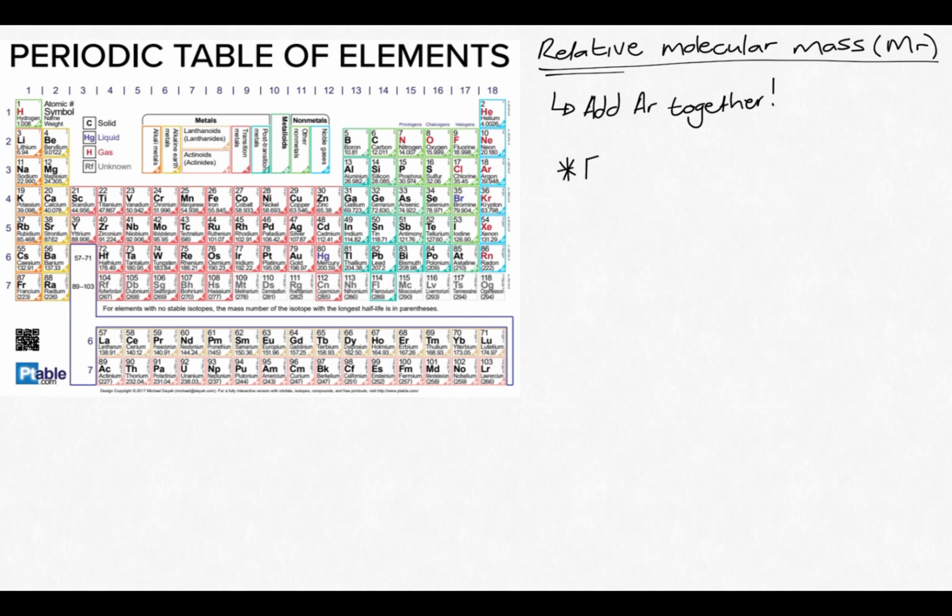When calculating the Mr, the simplest formula for the compound is used, also known as the formula unit. For example, silicon dioxide has a covalent structure. However, the simplest formula or the formula unit is SiO2, even though it is much larger than this.